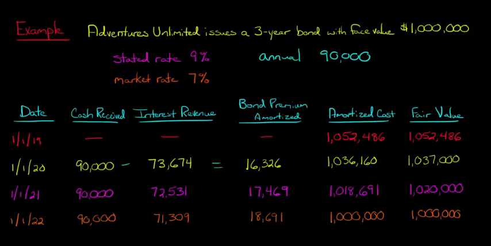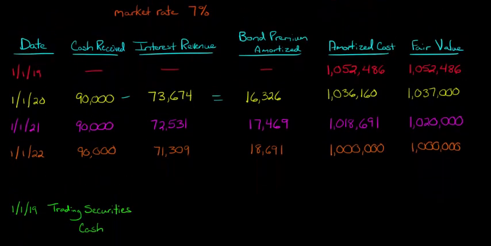We've talked about this before, so I just want to quickly walk you through the journal entries. We're going to debit trading securities. With held to maturity, we debited held to maturity securities, so it's really no different, just a different name. We're going to debit trading securities for $1,052,486, which is the amortized cost and the fair value. They happen to be equal in the first period. Then we're going to credit cash, assuming we're paid cash for these bonds, $1,052,486.